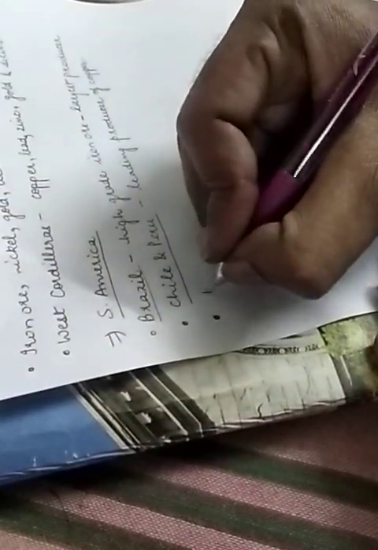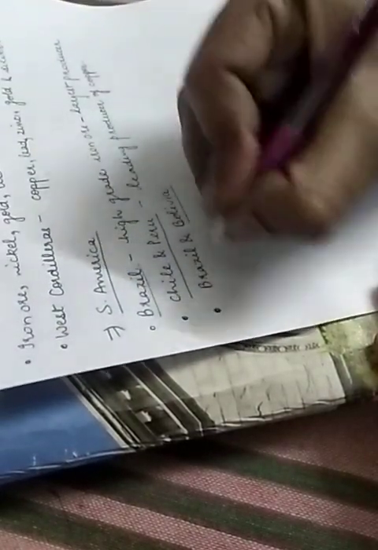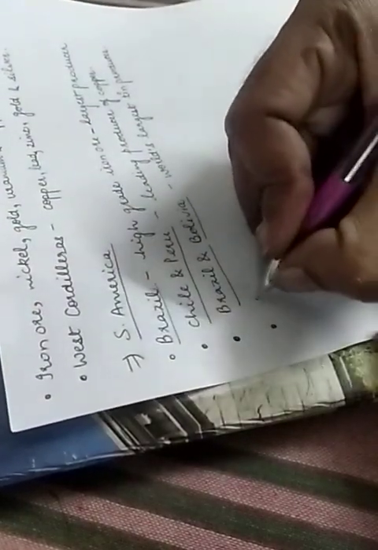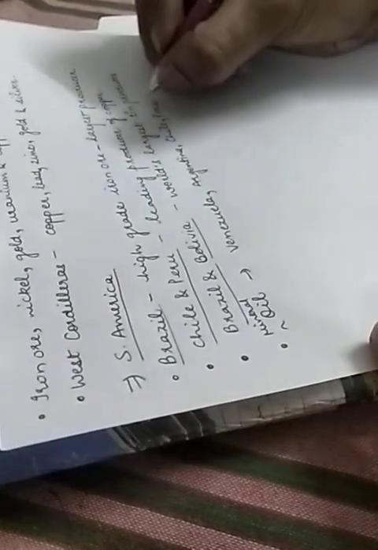Largest producer of tin, Brazil and Bolivia. Mineral oil is found in Venezuela, Argentina, Chile, Peru and Colombia.